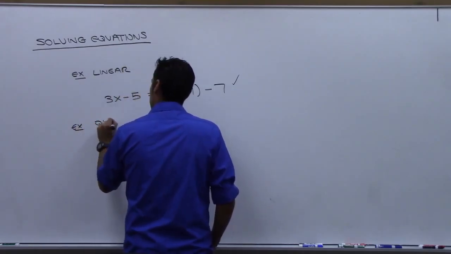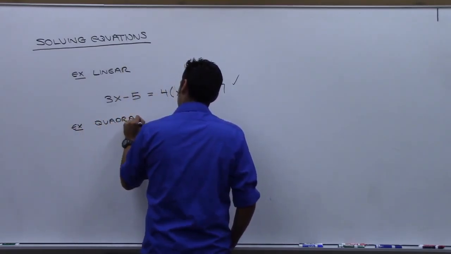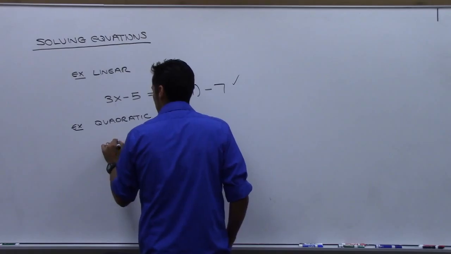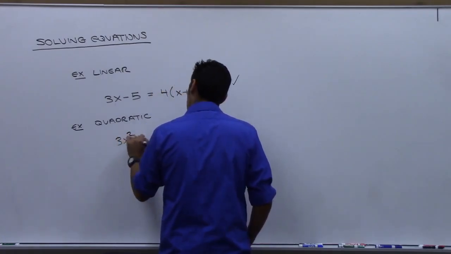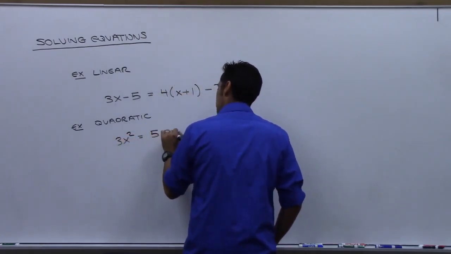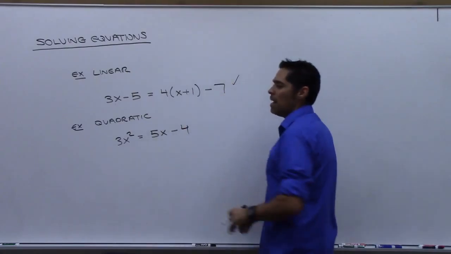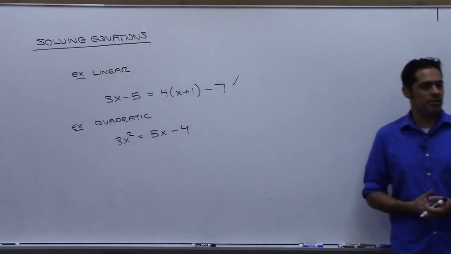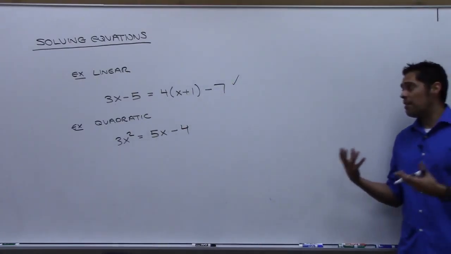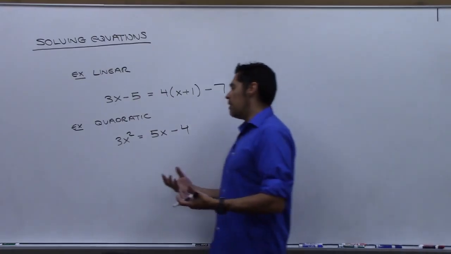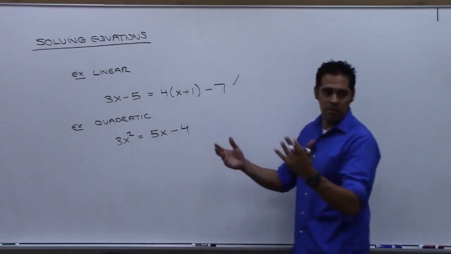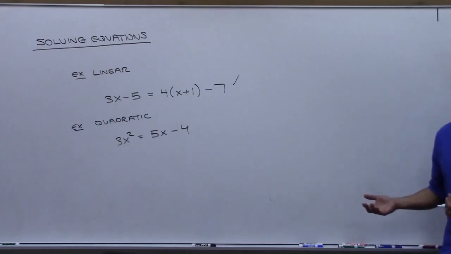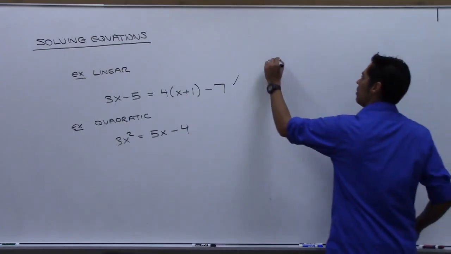Quadratic equations. Same story. 3x squared equals 5x minus 4, whatever. It doesn't matter. If it's a quadratic, we have ways of doing this, right? We usually try and factor first. But if we can't factor, we'll break out the quadratic formula if we have to, right? And then there's other things we can do.